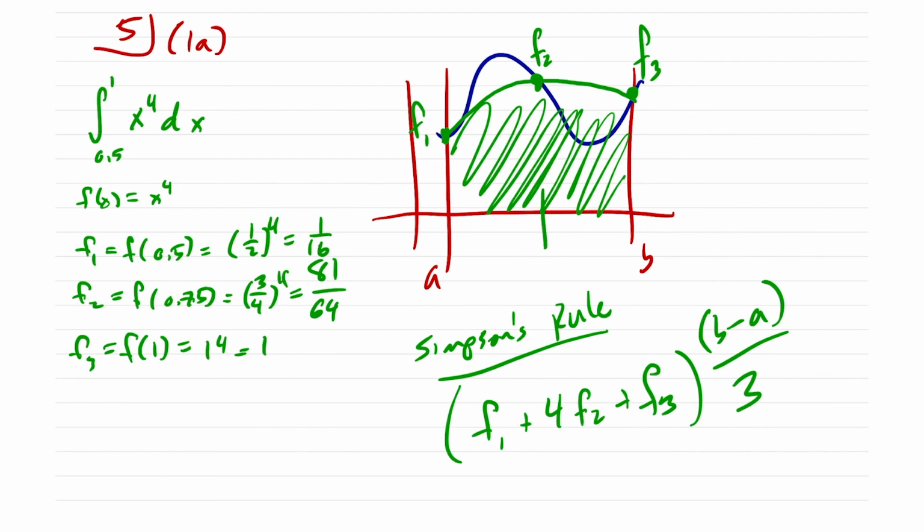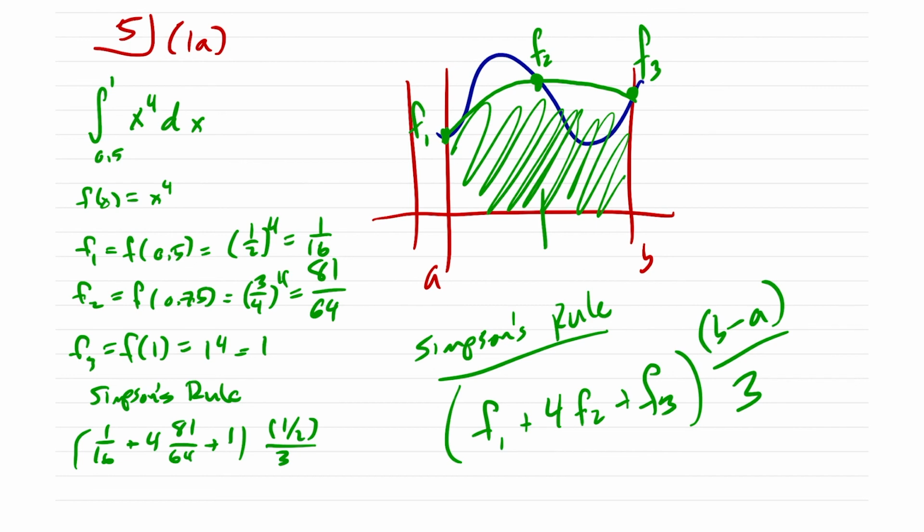Using Simpson's rule, this tells me that we have 1/16 plus 4 times 81 over 64 plus 1, and then all this times b minus a, which is 1/2, divided by 3.